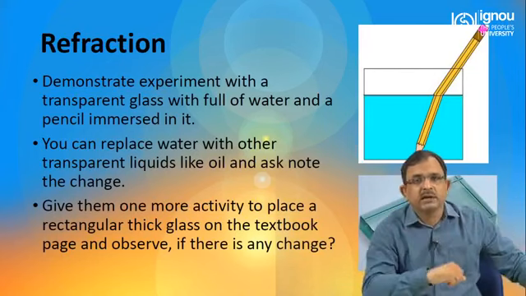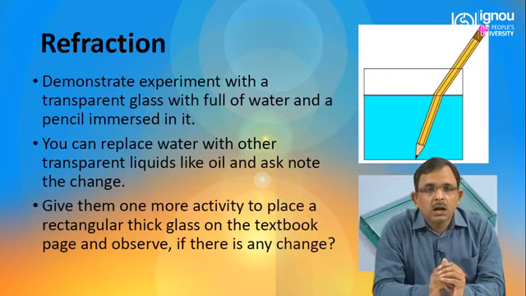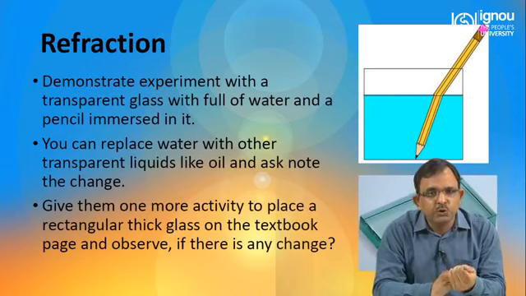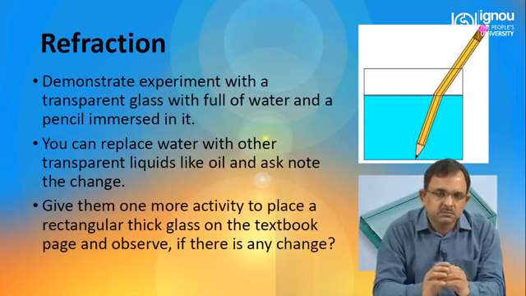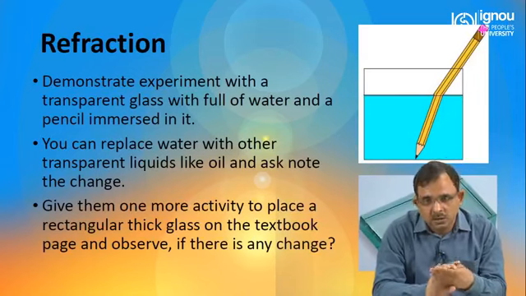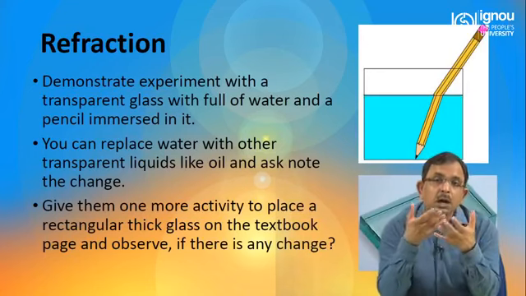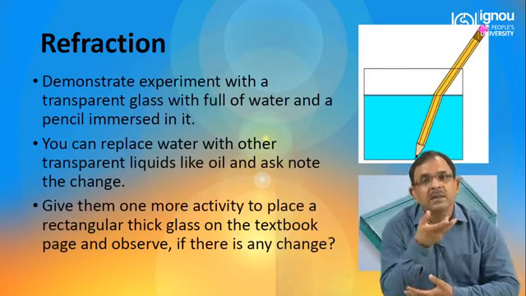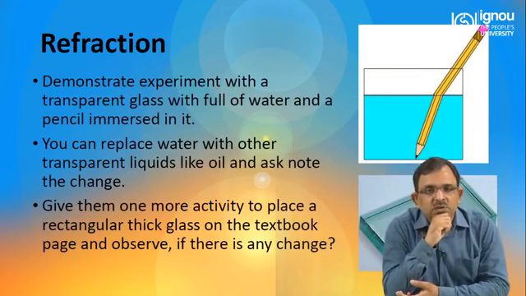You can give them one more activity. Give them a rectangular thick glass piece and ask them to put it on their textbook page and observe. Is there any change? They may tell you that the words below the glass slab are coming up and look larger.